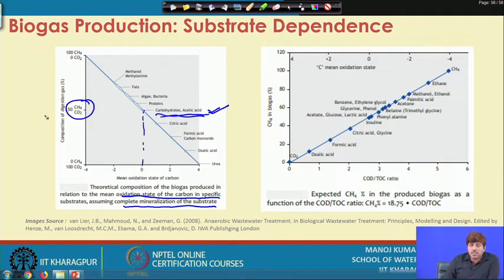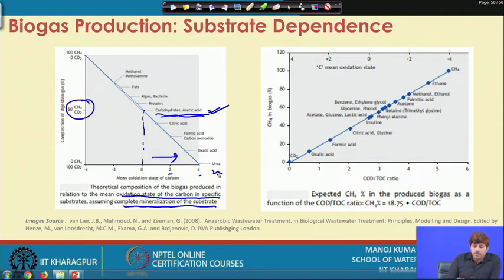If we are working with substrates of higher oxidation state, so if the mean oxidation state of the carbon is high, let us say +2, +4, like citric acid, formic acid, oxalic acid or urea, then we may see a lesser fraction coming as methane and more going as carbon dioxide.